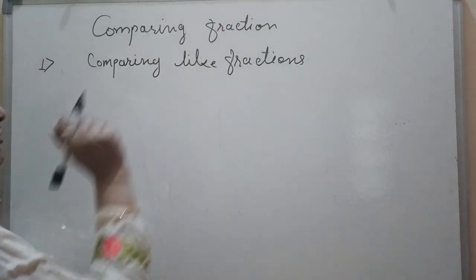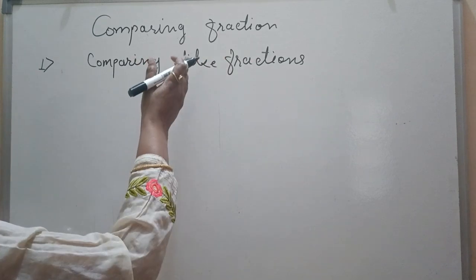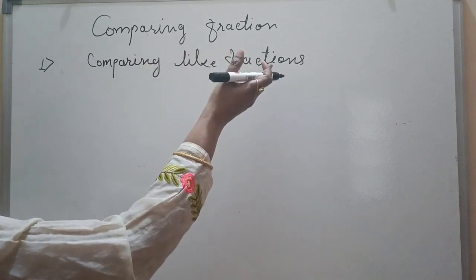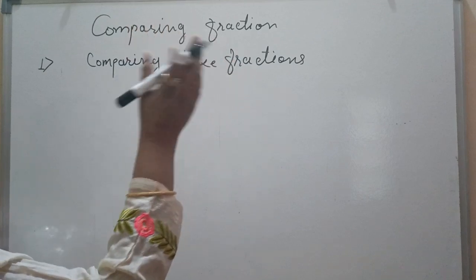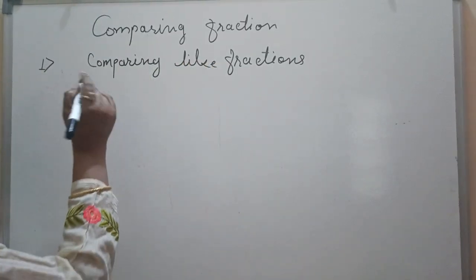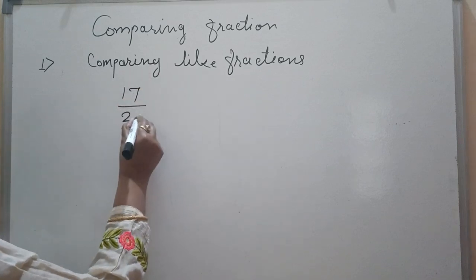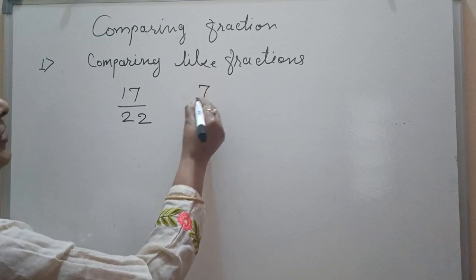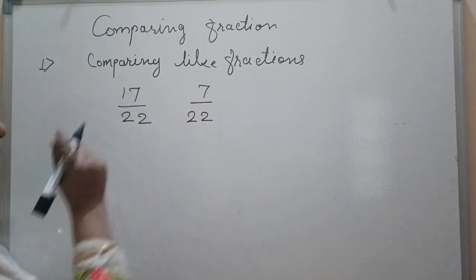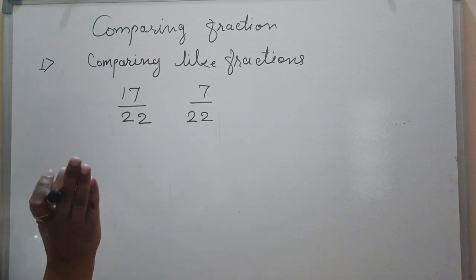Next is comparing fractions. First one I am taking here comparing like fractions. You all know that. What is like fraction? Fractions whose denominators are same are called like fractions. So for example, I am taking here 17 by 22 and 7 by 22. These two are like fractions because denominators are same.